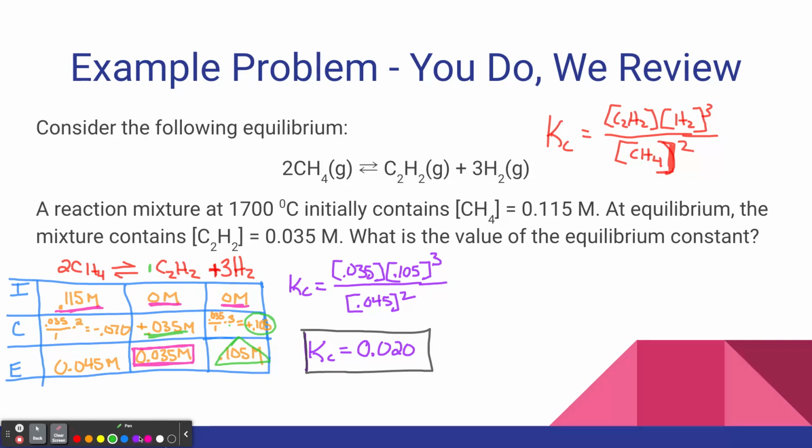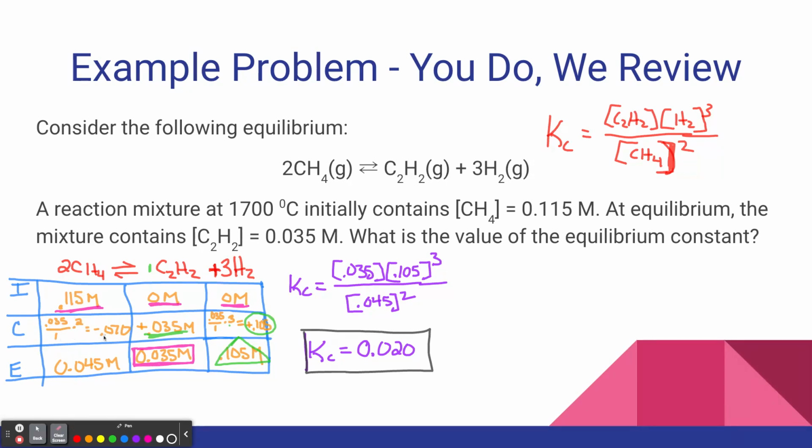Now, conversely, as I was trying to find my equilibrium concentration of CH4, I had to take the change again. And the change here, I divided by 1 because that was the column I was in. Okay. Then I was going to C2H2, so I multiplied by 2. So that's where 0.035 divided by 1 comes from.